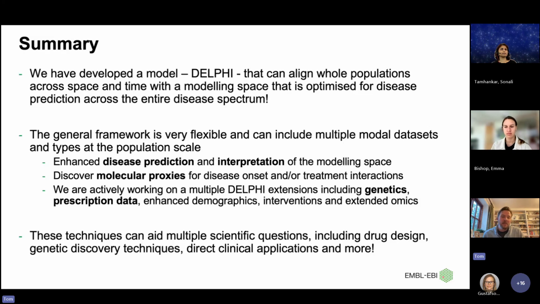And I like to think of it as a general framework where you can align lots of individuals, but also lots of different types of data sets, all mapped to disease prediction in whole populations across time. These techniques have a huge amount of potential, both for scientific research, but also for other direct clinical applications and more.